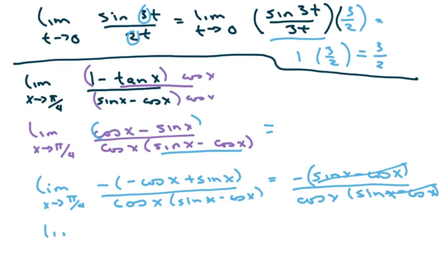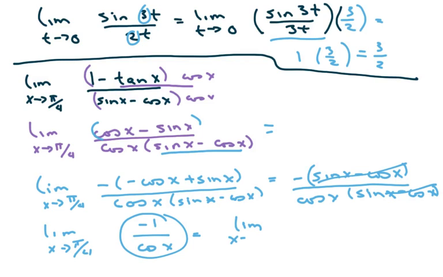So we're going to get the limit as x approaches pi over 4 of negative 1 over cosine of x, or I could just call this the limit as x approaches pi over 4 of negative secant of x. When you plug in pi over 4, that's going to give you square root of 2. So this equals negative square root of 2.